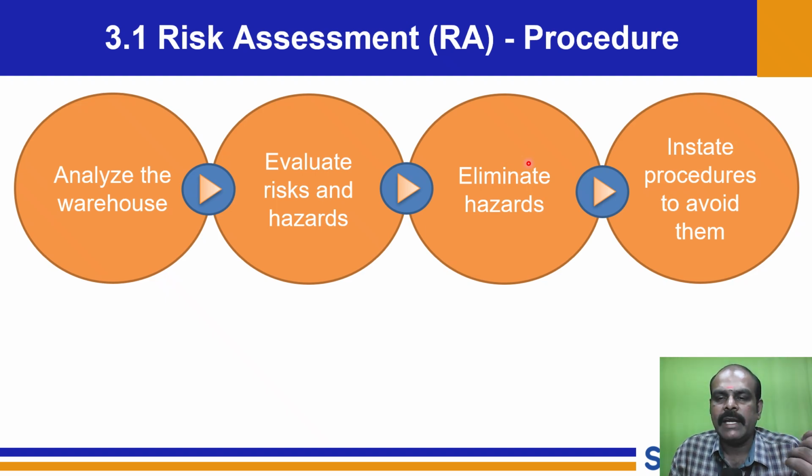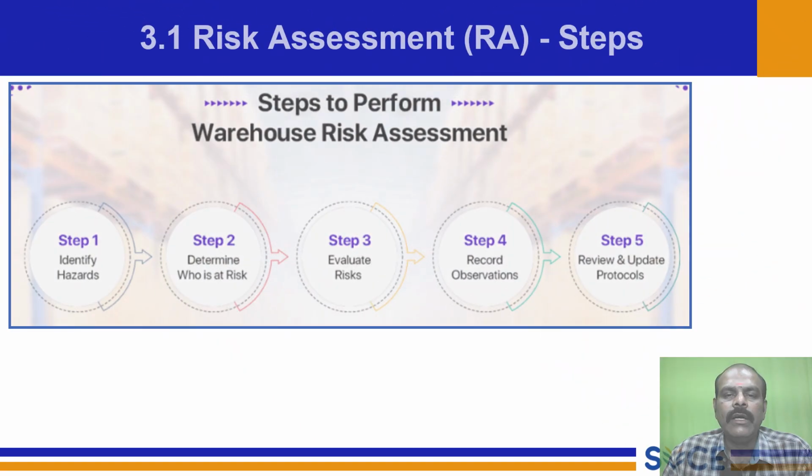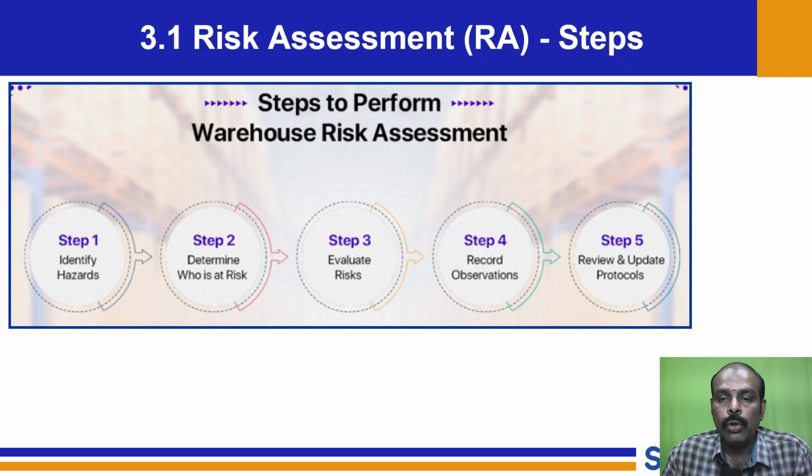One by one we can eliminate them by adopting appropriate safety protocols and procedures to avoid them. Maybe you can have a warning sign, we can give a proper training demo to the workers, and we must ensure that such risks are not going to occur in the near future. These are the steps of how to do it in detail.